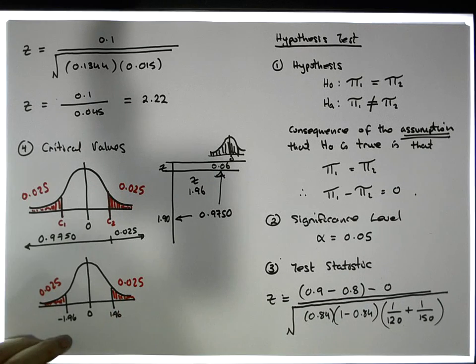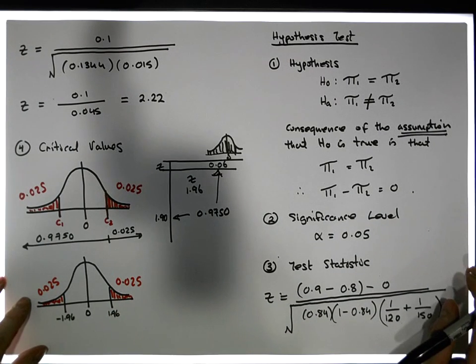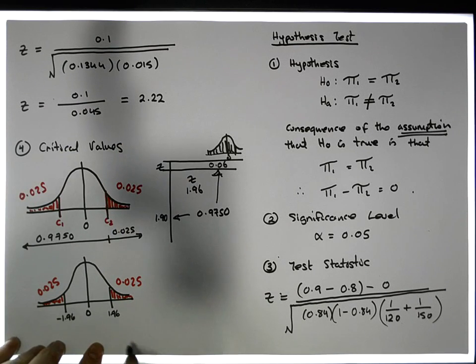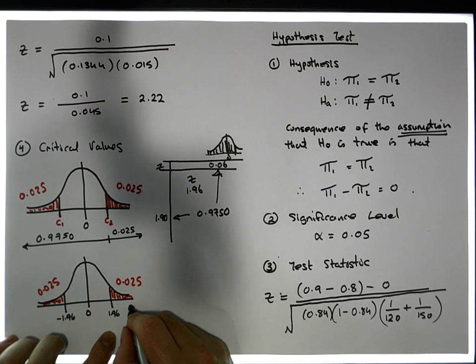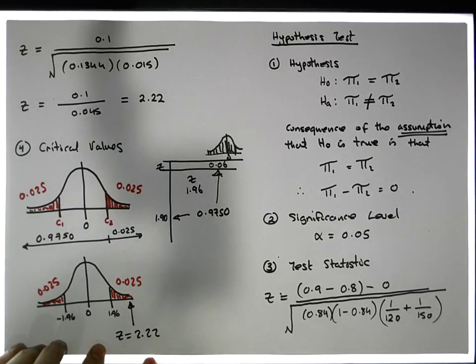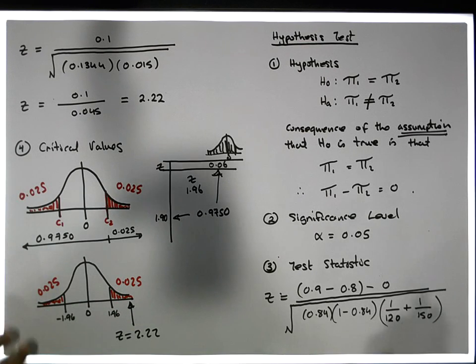But let's look at this. Our test statistic is 2.22. So where does our test statistic fall? It's positive, so our test statistic is in here. There's our z value that's equal to 2.22. Our test statistic falls in the rejection region. So based on this evidence, we can reject.